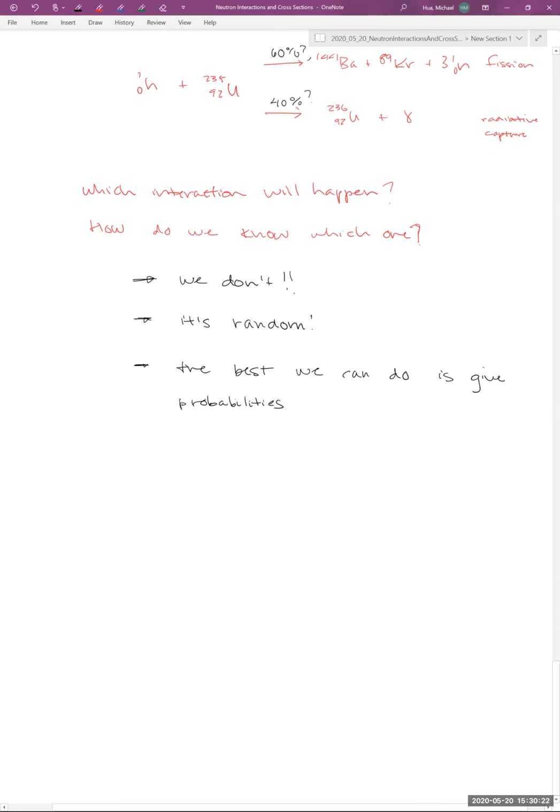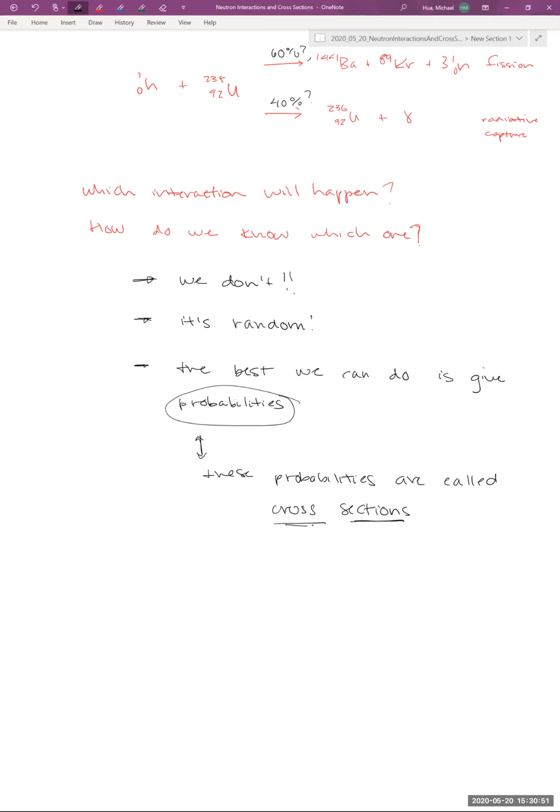So these probabilities are called cross sections. And cross sections are kind of the next topic we're going to talk about.